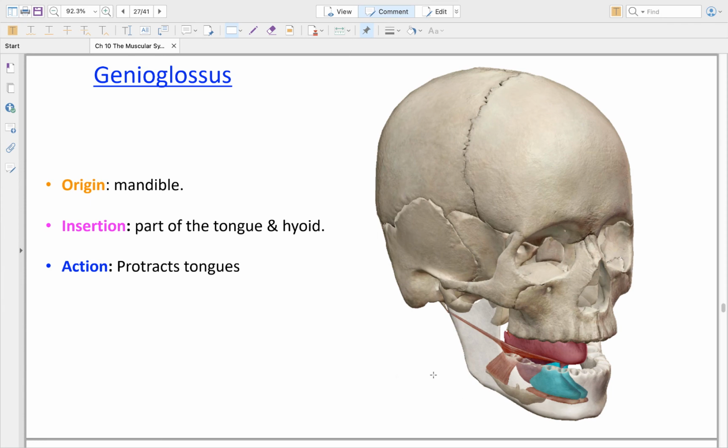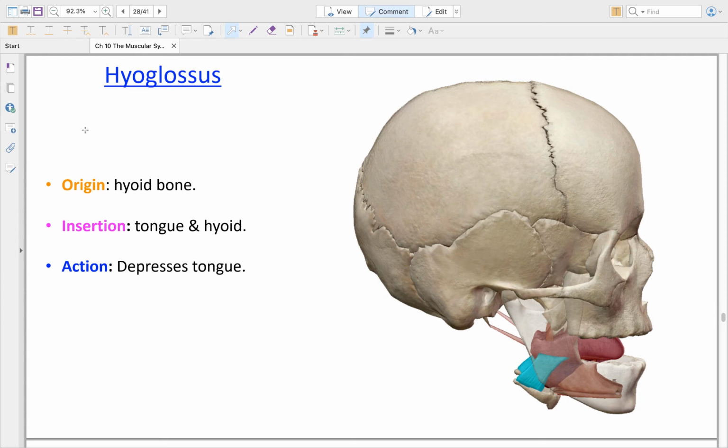It's not more complicated than that. It originates at the mandible, and it's going to insert into the tongue and the hyoid bone. Remember the hyoid bone? That's the hyoid bone right there. It's the one bone that doesn't articulate with another bone, but it is connected to muscles. This is one. Its job is to protract the tongue.